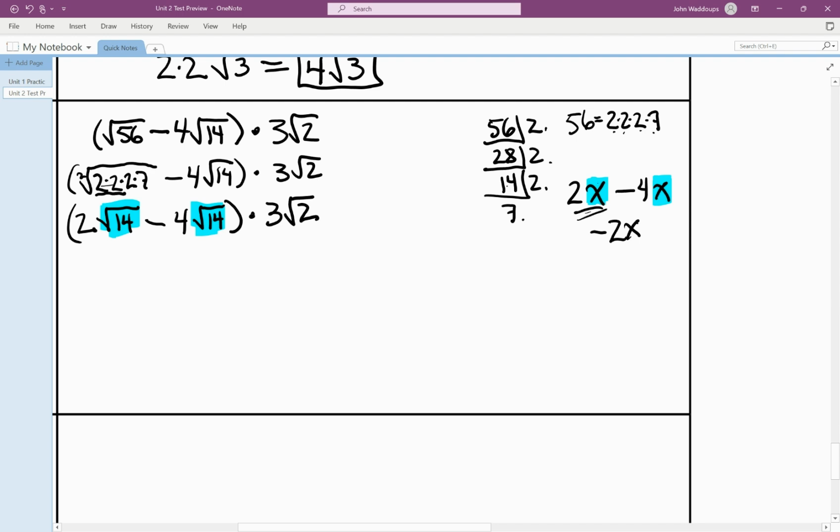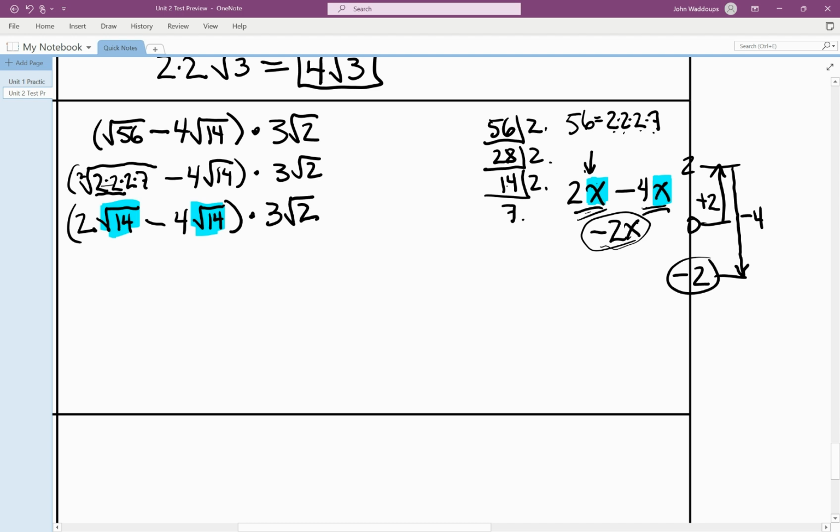If I have $2 and I try to subtract $4, I can only give away the $2, and then I would owe $2. So there's minus 2x. Or you can think of it in terms of an elevator. If I go up 2 floors from 0, then I'm at 2, and from there I go down 4 floors, I'm at negative 2. And so 2x minus 4x is negative 2x.